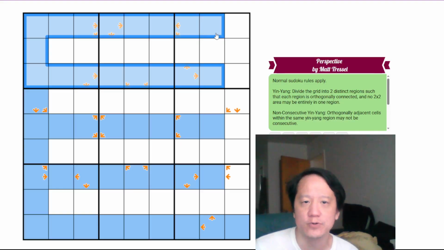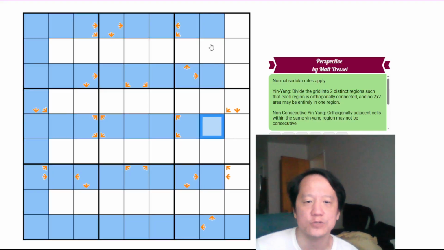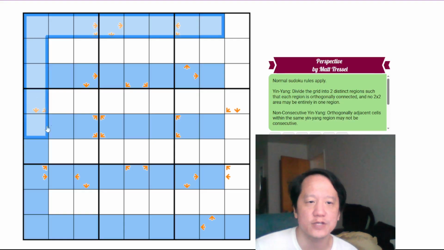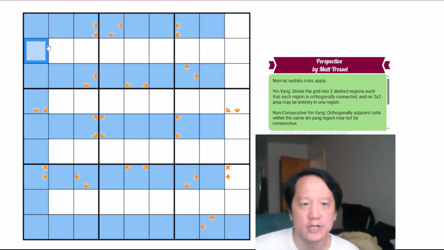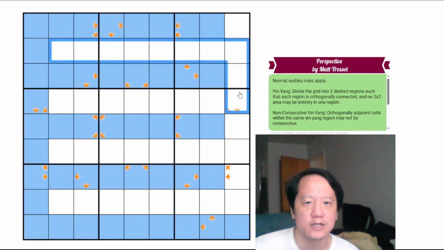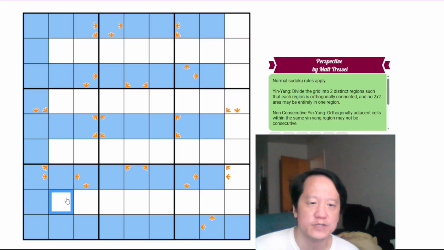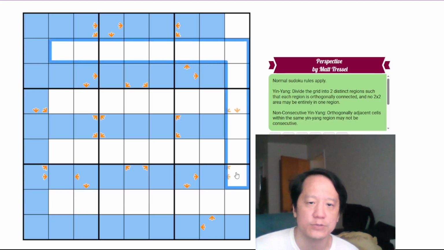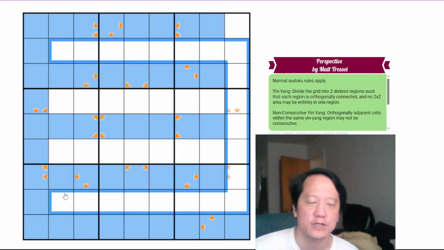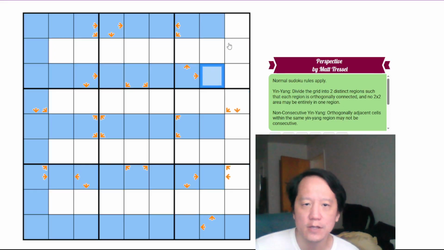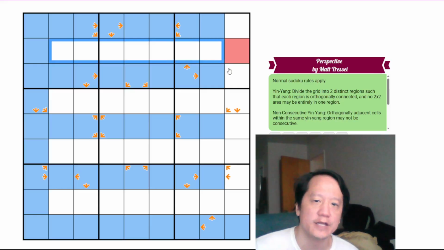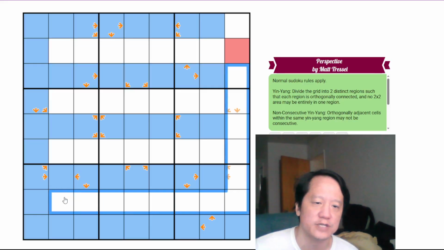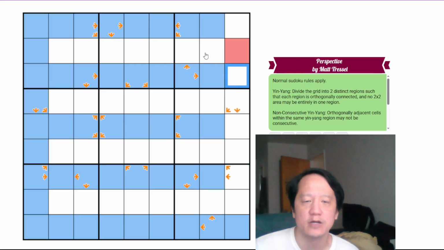So for example, you can go from this cell to this cell here by going through these edges while staying within the region. And similarly, this is an orthogonally connected region because you can go from this cell to this cell just by going through edges, all while staying within the region. Now, an example of an invalid yin-yang shading would be something like this, because now these cells cannot get to the rest of the cells in their region just by going through edges.